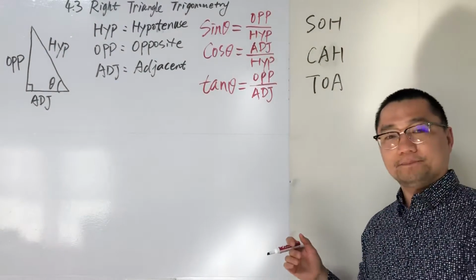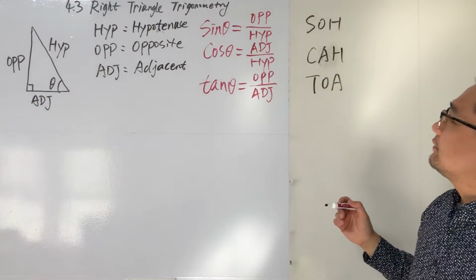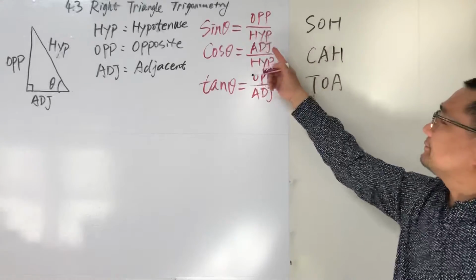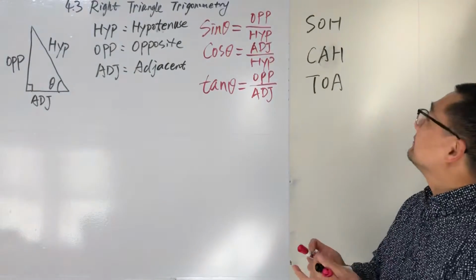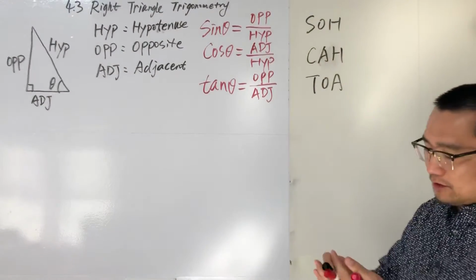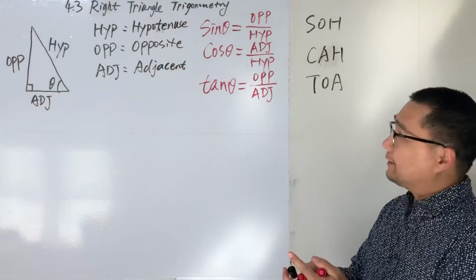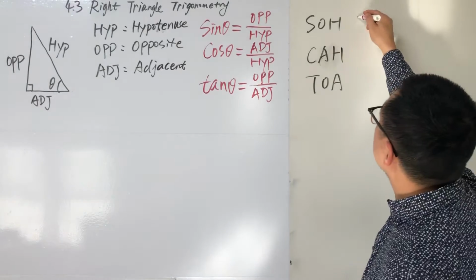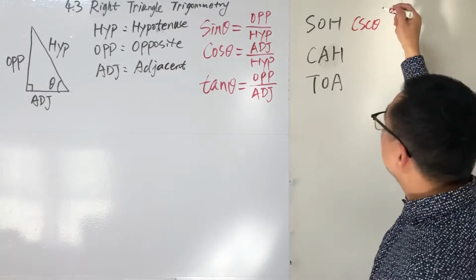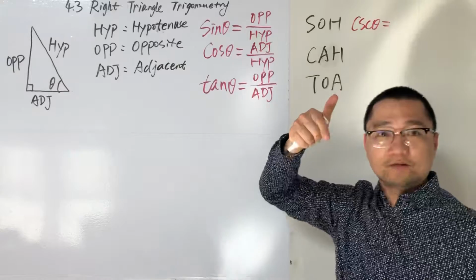Now, after we define sine, cosine, and tangent, what about cosecant? Do you remember what cosecant is? Based on the unit circle, cosecant theta is the flip, 1 over sine.